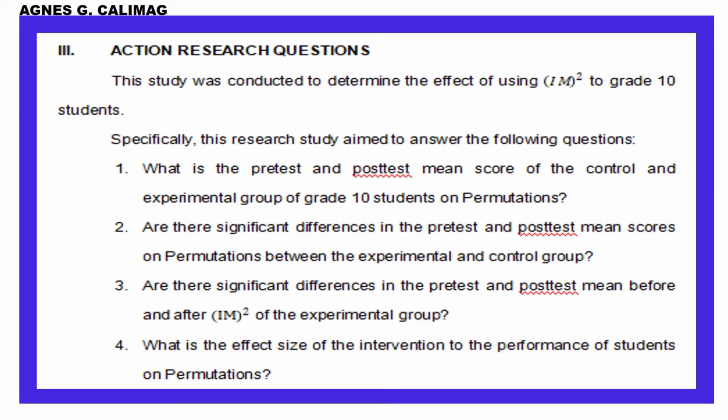Number 3, are there significant differences in the pre-test and post-test mean before and after the square of IM of the experimental group? And number 4, what is the effect size of the intervention to the performance of students on permutations?